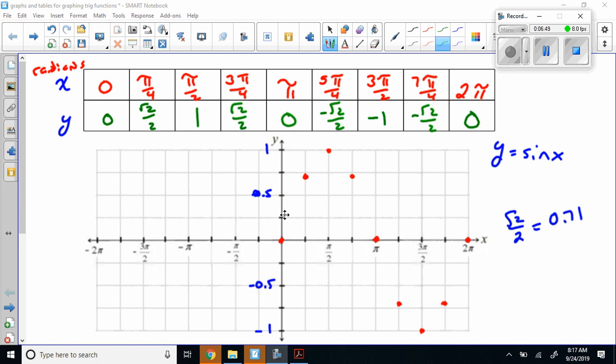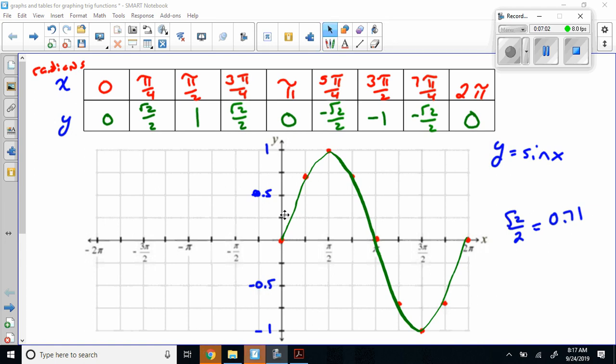There you go. Questions? Connect the dots. That's the shape that you should have. Okay. Any questions?